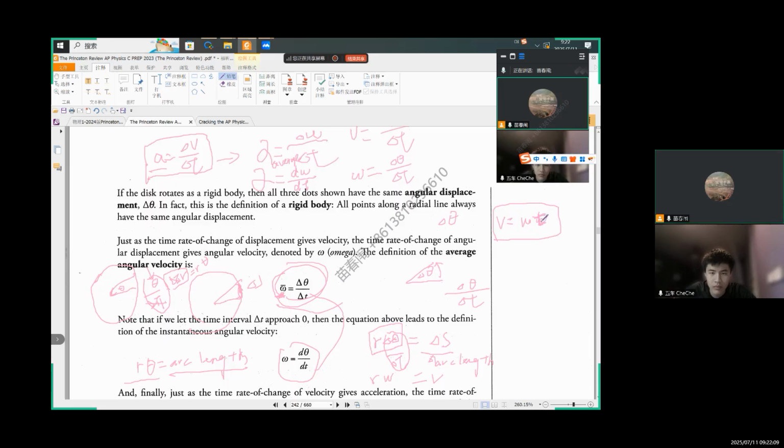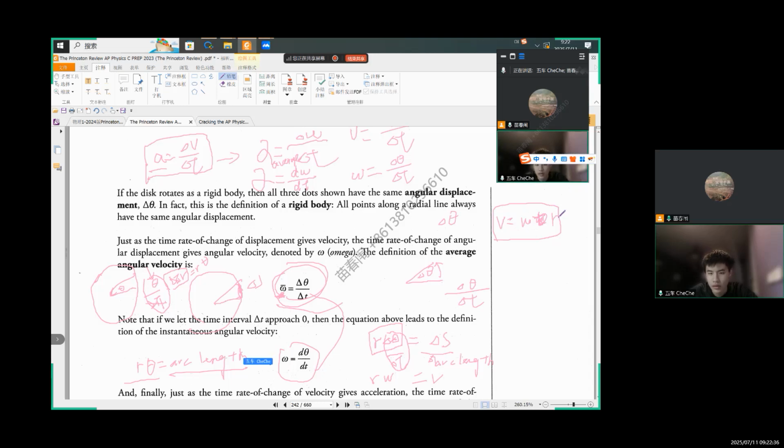Omega is the symbol w, called omega. W is angular velocity. In this case, instantaneous, because it doesn't have a line over it.